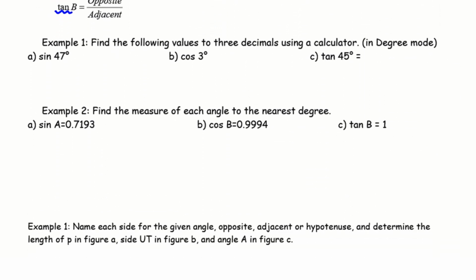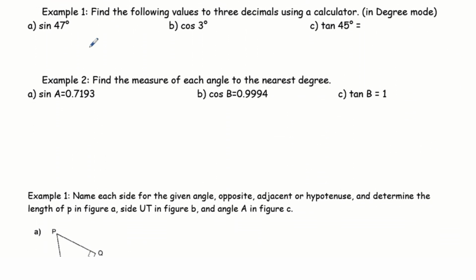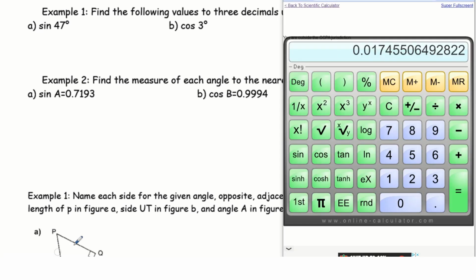Now we are going to practice using the sine ratios on your calculator to find the ratios. So 47 degrees. Make sure your calculator is in DEG mode.